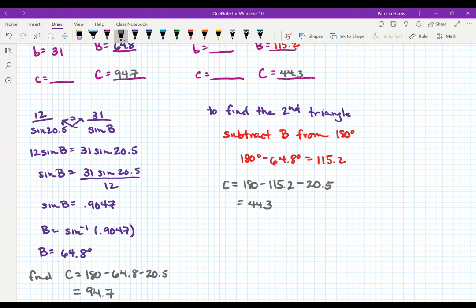Okay, so now I can use my law of sines again to find my two C's, one for my first triangle, one for my second.